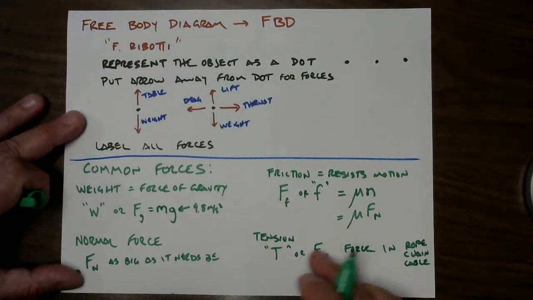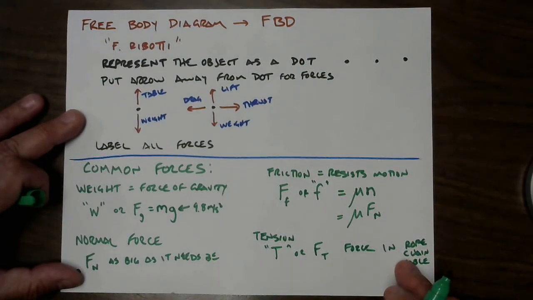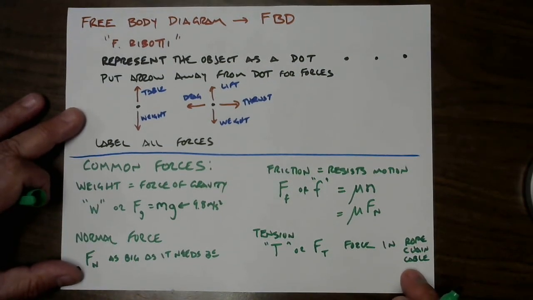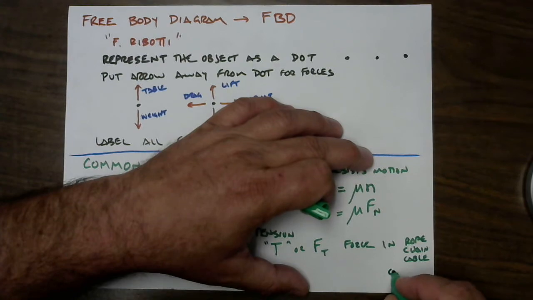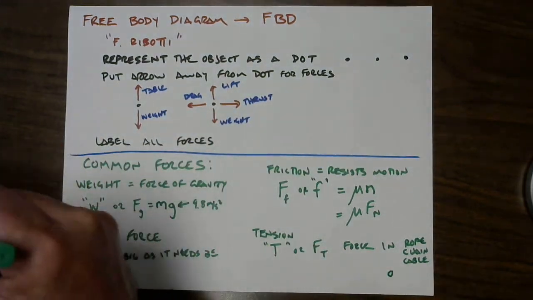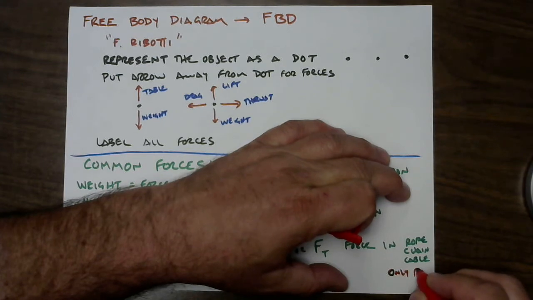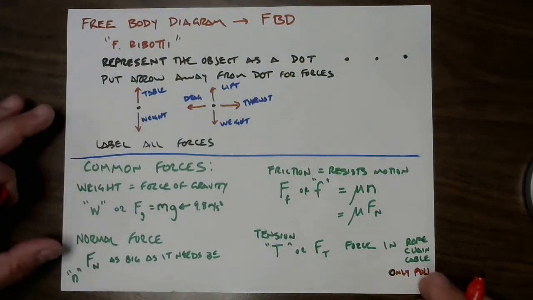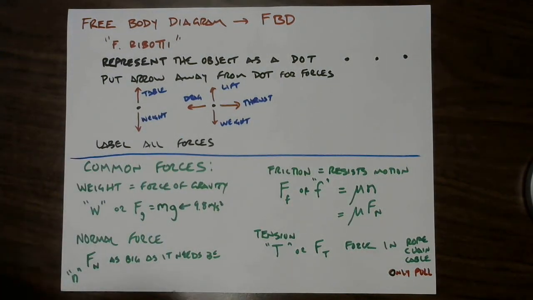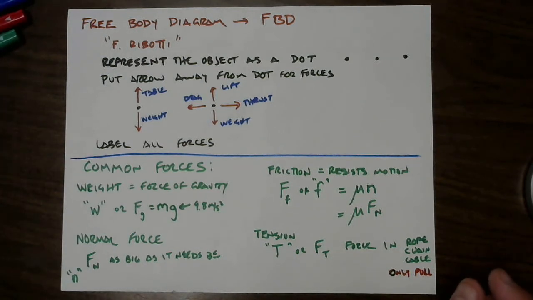The reason why tension is special is that these things are used all the time to transmit forces because they only pull. So you don't have to guess what direction they are, just what direction is the rope going. That's the direction of the force. You can't screw that up.